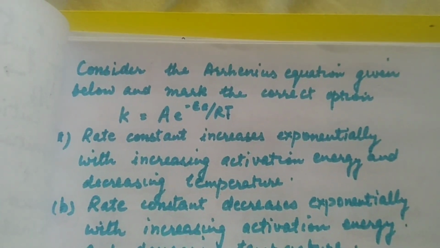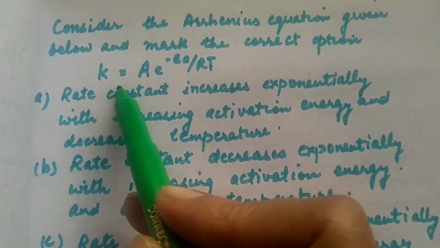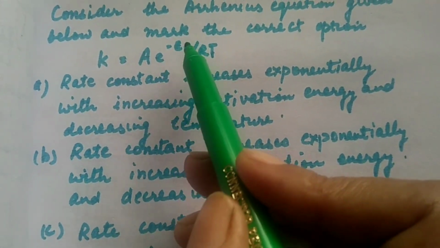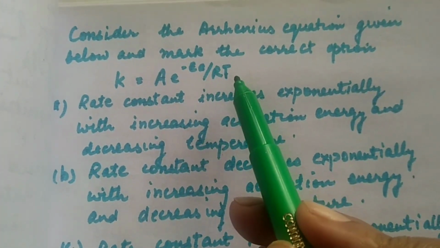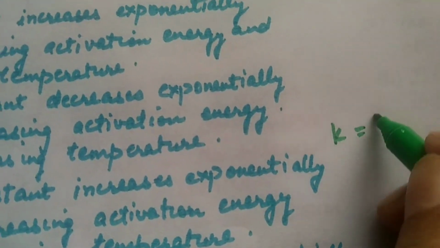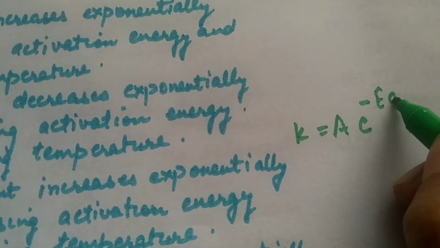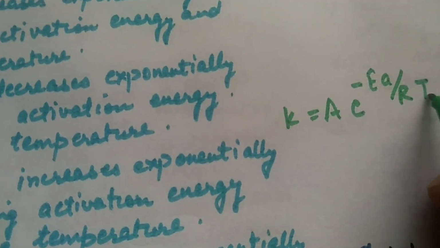Consider the Arrhenius equation given below and mark the correct option. k is equal to A into e raised to power minus Ea upon RT.